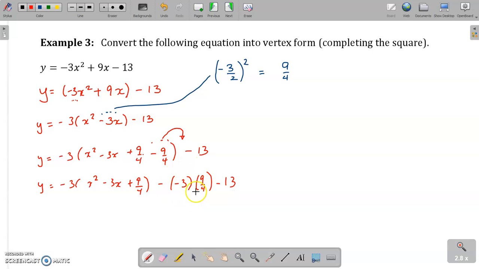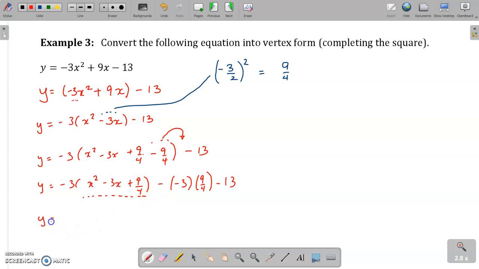And then if I look here, I get a perfect square trinomial. This middle term is equal to 2 times the square root of this.